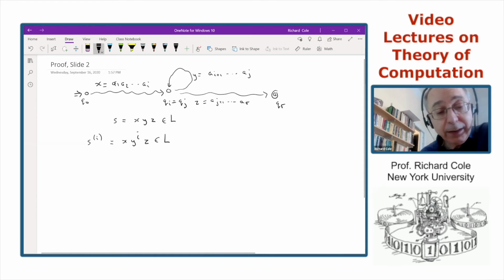Now let's look at the other two claims. We said we wanted that XY has length at most P. But that's true because reading X then Y gets us to Qj.